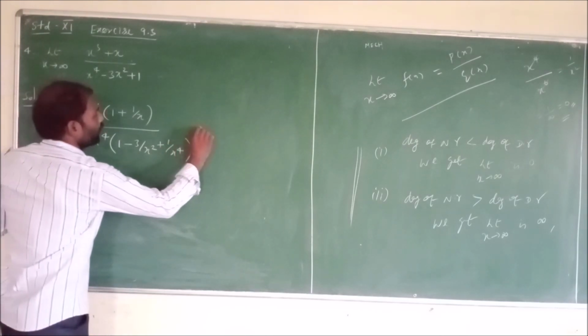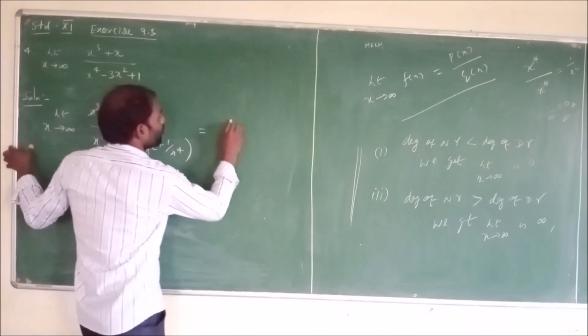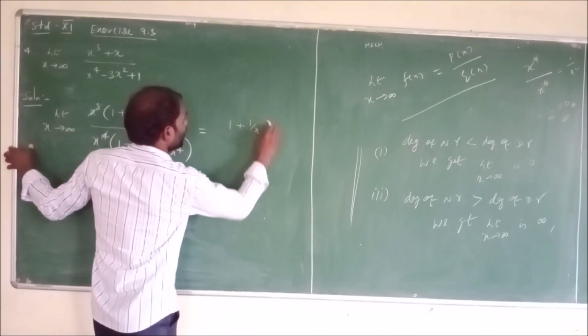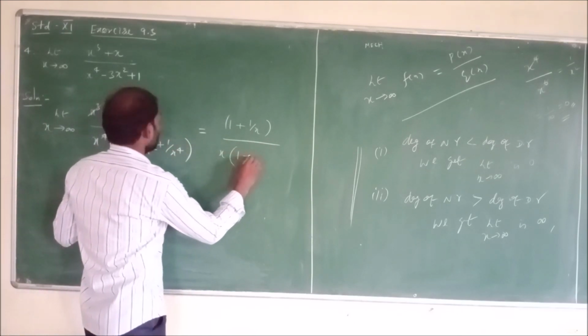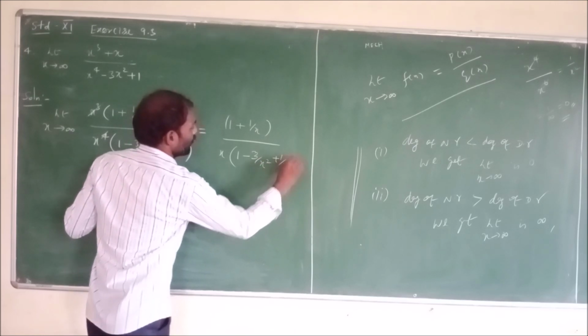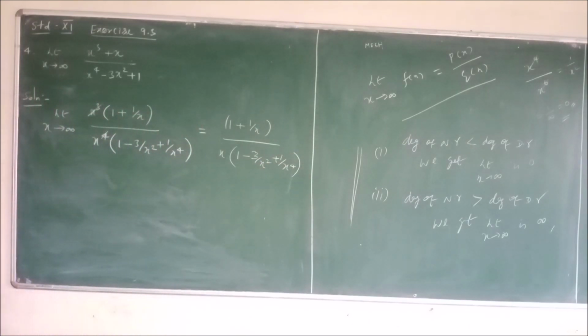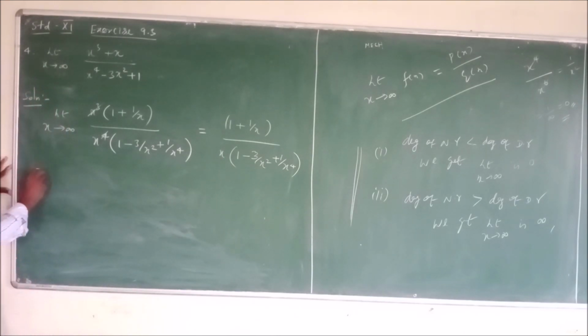After eliminating x cube, we get 1 plus 1 by x divided by x into the remaining terms 1 minus 3 by x square plus 1 by x power 4. Applying the limit for x tends to infinity.